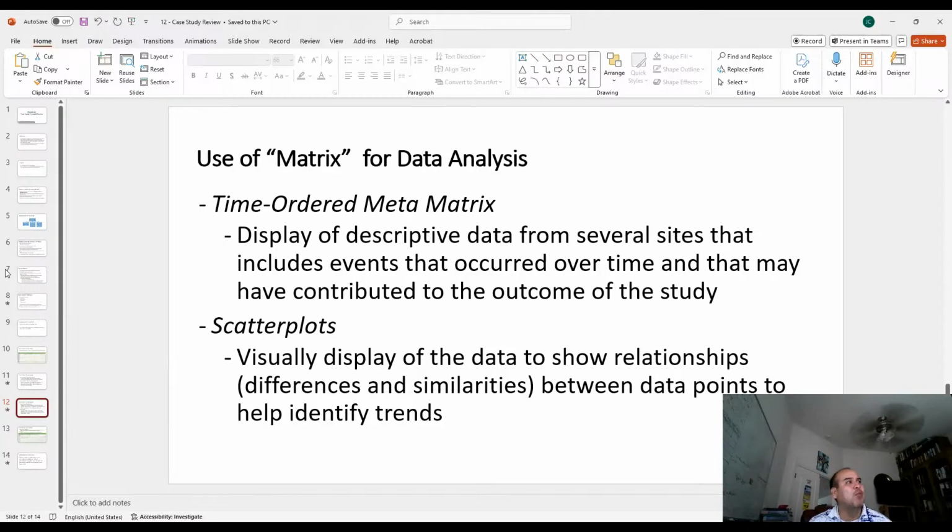And then you have the scatter plots, which are visual representations of the data to show relationships between data points. In a scatter plot, you still have an x and y axis. On the x-axis, which goes from left to right, if we're looking at the principal study, maybe resistant to change, right?